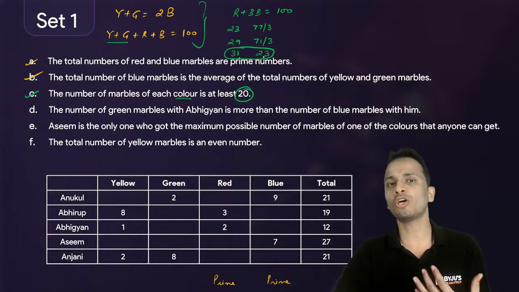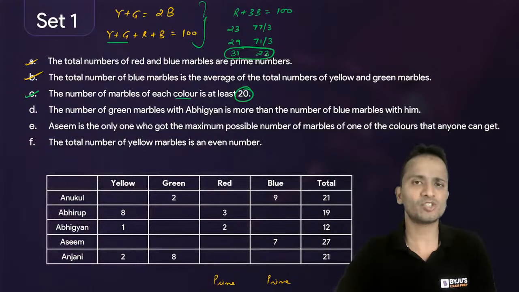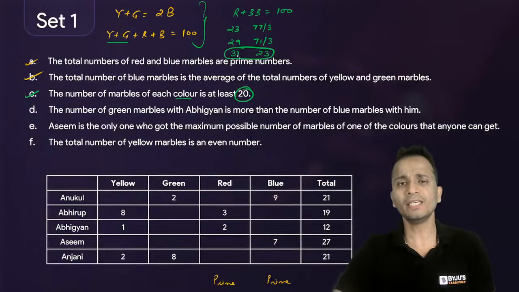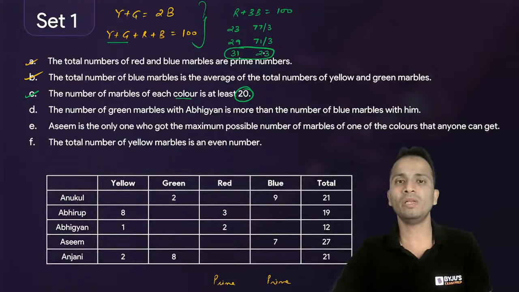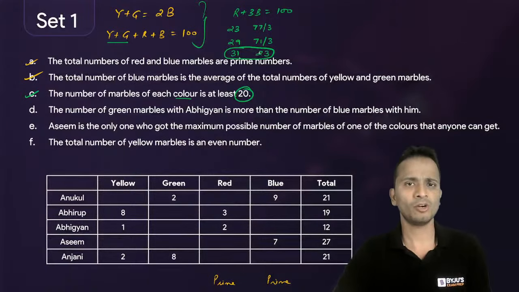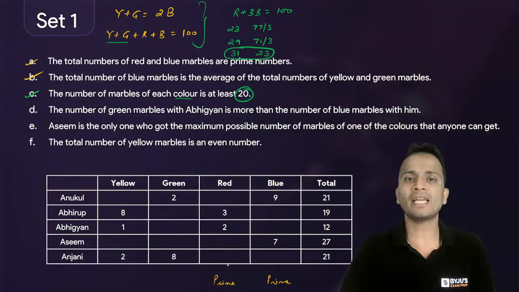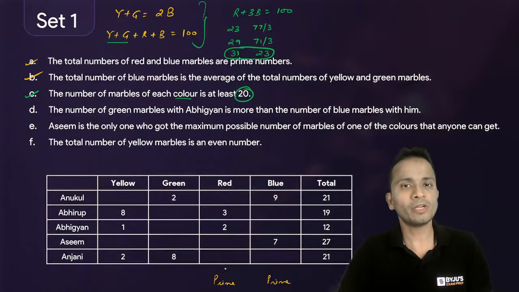Fine. So I will not move ahead. No other value will satisfy as well. Okay, so if I consider 37, the value of B will be 63 upon 3, that is 21, which is not a prime number. So likewise you will not get any other value. So the number of red marbles will be 31 and the number of blue marbles will be 23.